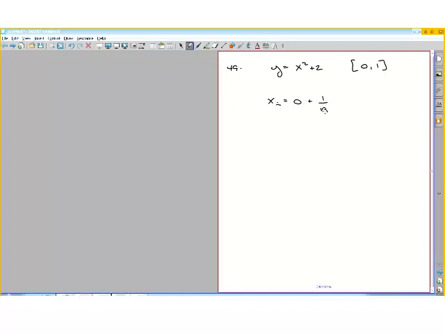It doesn't matter whether it's left or right hand, which value you're taking. So let's assume that n goes from 0 to 9 in this case, just as an example. So you break it up into 10 parts. And so x would be 0.1 when n is equal to 1, 0.2 when n is equal to 2, etc. So that's how it works.